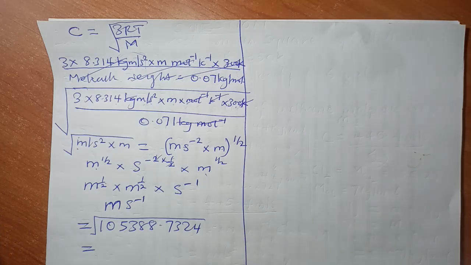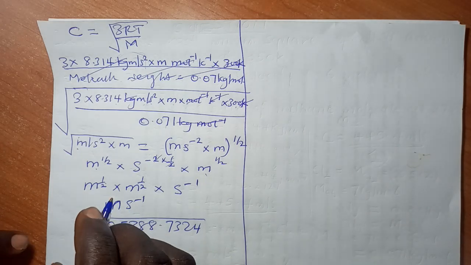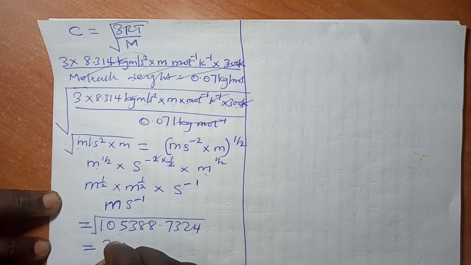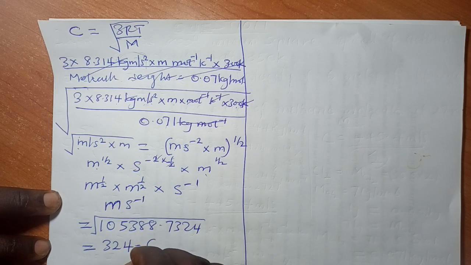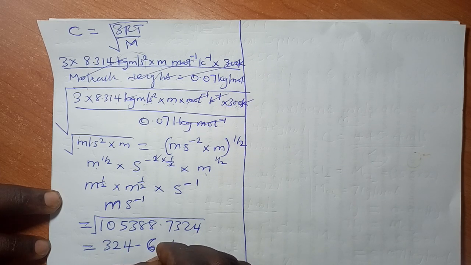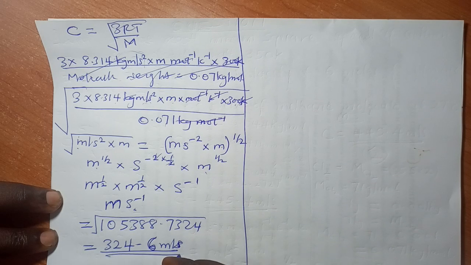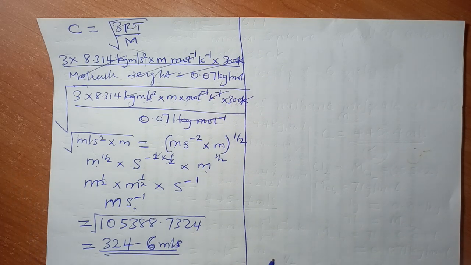Okay, when you take the square root, you have 324.6 meter per second. Remember you have done the unit, meter per second. That is what you are going to have. That will be your final answer.